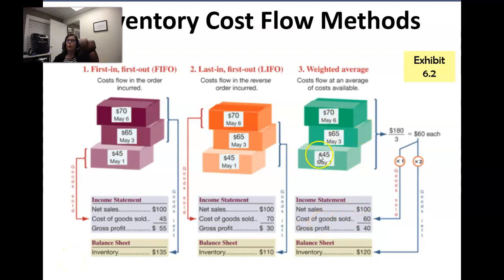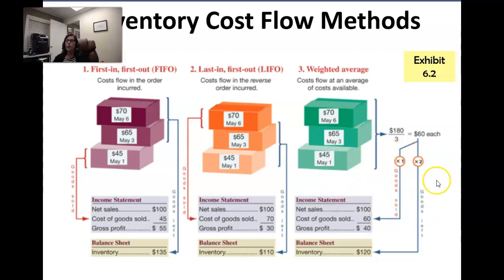All right, so for the weighted average, we're going to take an average of our inventory cost. And every product that we sell during this time period is going to be at that average cost, until we have new product that changes the average, or product that we purchase at a different price.